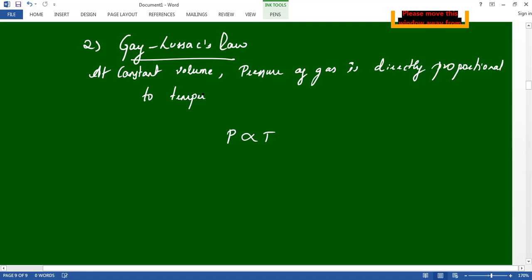If you want to add one more thing, you can add at standard temperature, at STP. So this is the definition of Gay-Lussac's law.